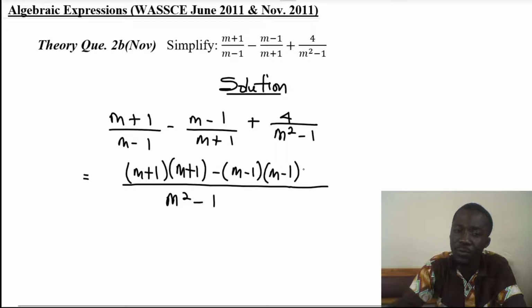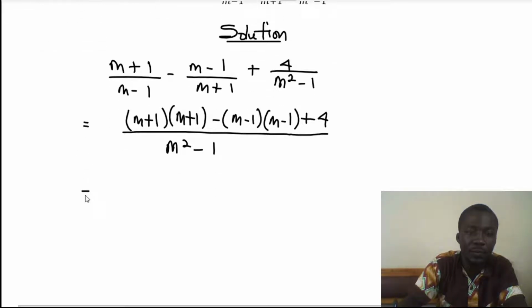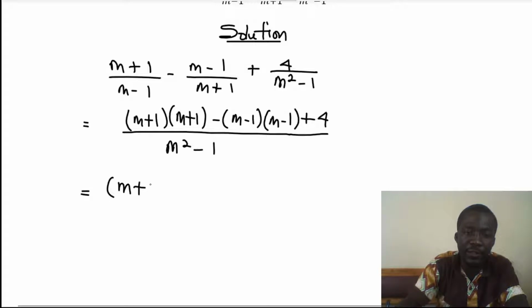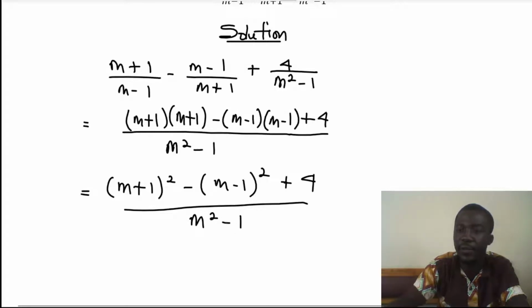So 1 times 4 will be just our plus 4. Then we can simplify the numerator as m plus 1 all squared minus m minus 1 all squared plus 4 divided by m squared minus 1.